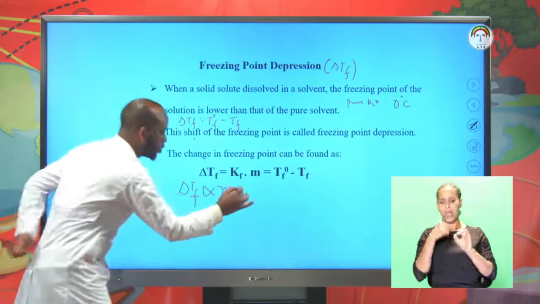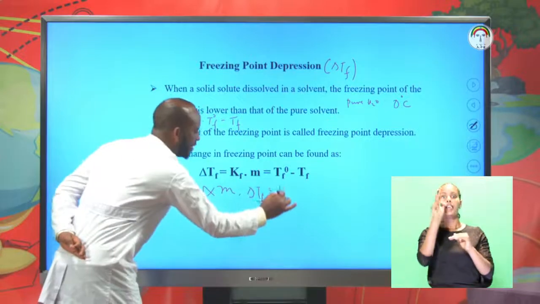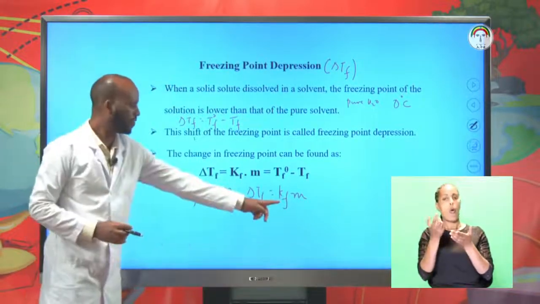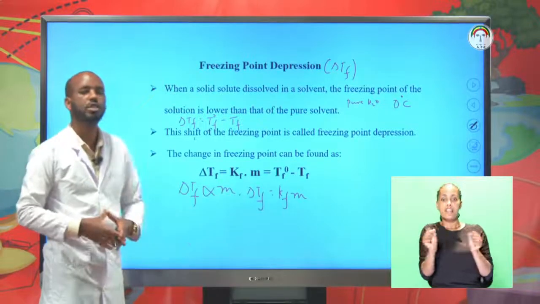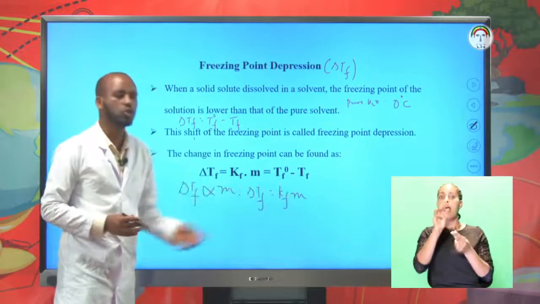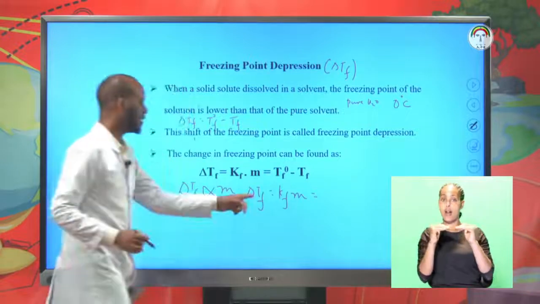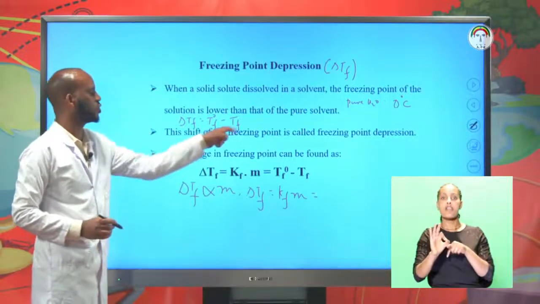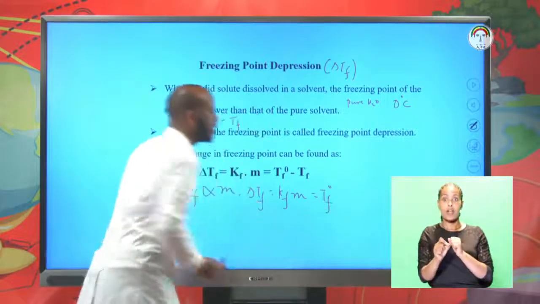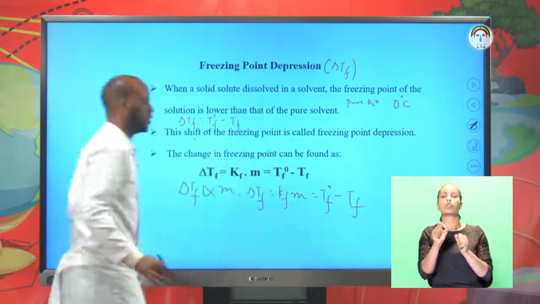Therefore, ΔTf equals Kf times m, where Kf is the freezing point depression constant and m is the molality of the solution, equal to T0f minus Tf, the freezing point of the pure solvent minus the freezing point of the solution.